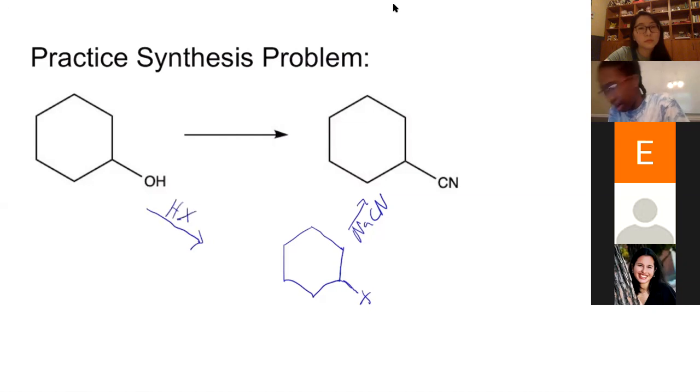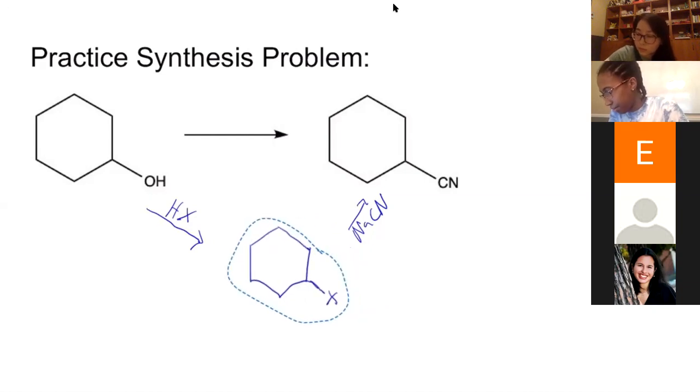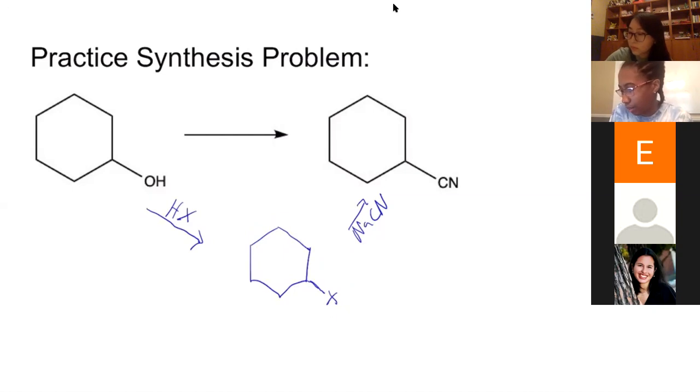And again, where X is just any halogen, and that will leave us with this. So that's kind of how a lot of people like to approach synthesis problems, where you can work step by step. And now we see that we have a clear pattern to get from our starting material to our ending material. Are there any questions about this? Alrighty, let's keep moving on.